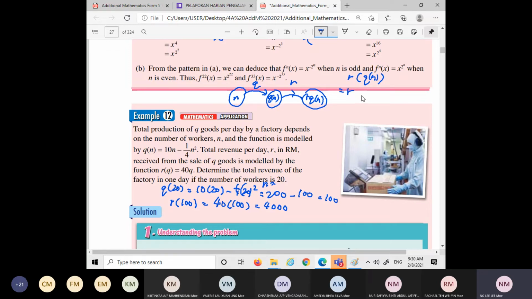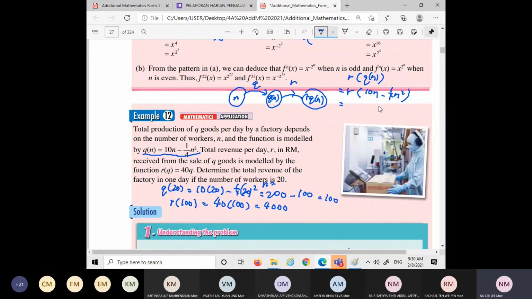What is Q(n)? Q(n) is this. So I replace the Q(n) with this, 10n minus 1 over 4 n squared. After that, you see for the function R, when the object is Q, the image is 40Q, 40 times the object.